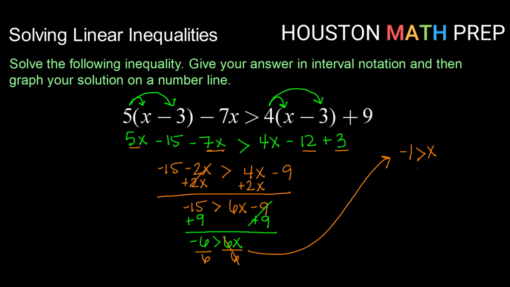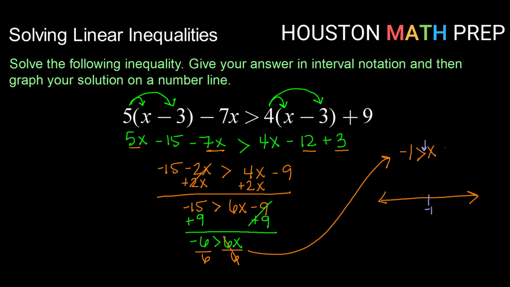Doesn't matter which side the variable is on, we can still graph this, we can still write it in interval notation. So giving myself a number line and plopping -1 right there. When I read this out loud, -1 is greater than x, or again, think about the pointy part points to the small thing.